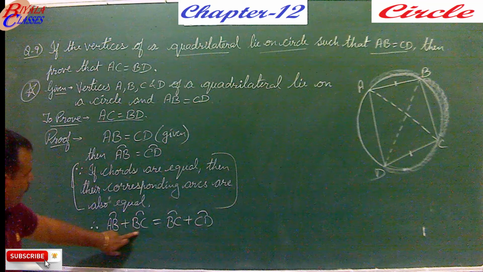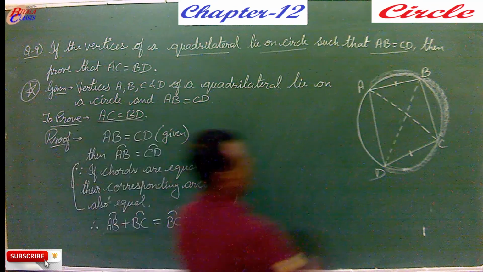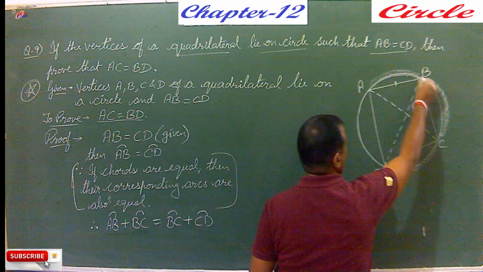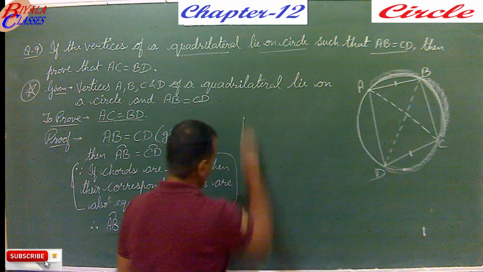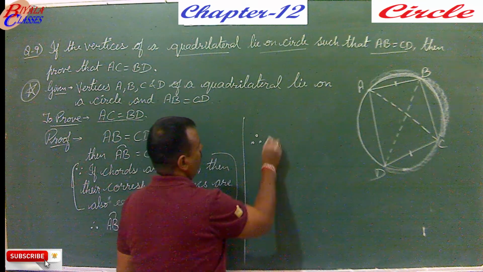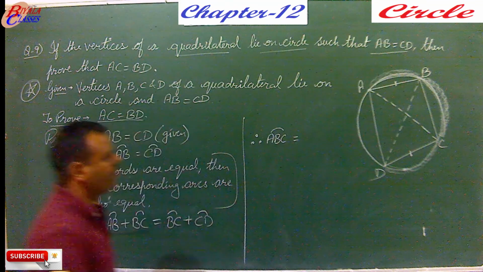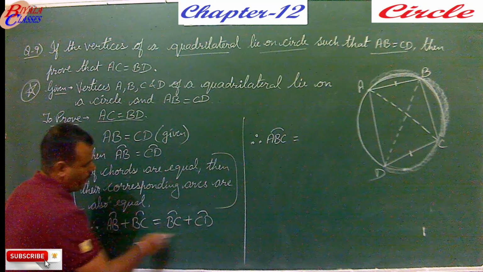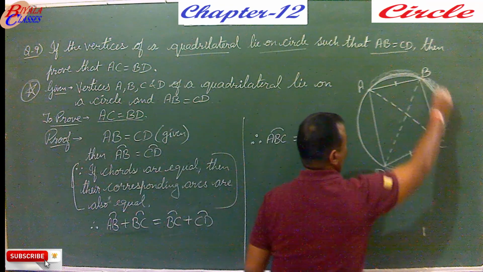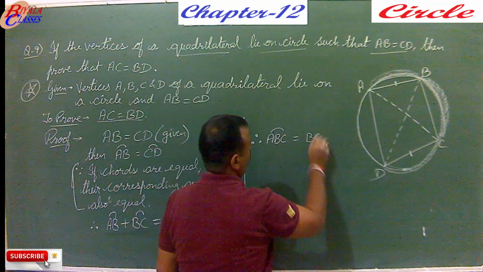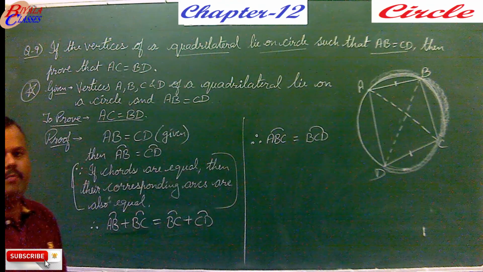If you combine this arc AB and BC, we have arc ABC. Therefore, arc ABC is equal to, combining BC and CD, arc BCD. So arc ABC is equal to arc BCD.